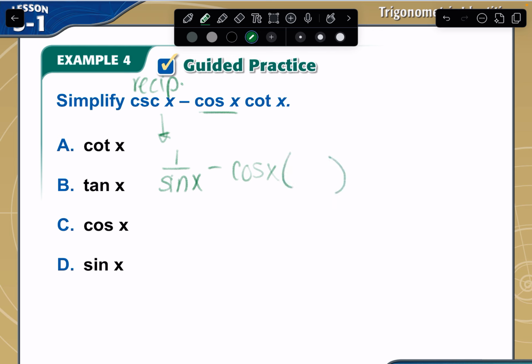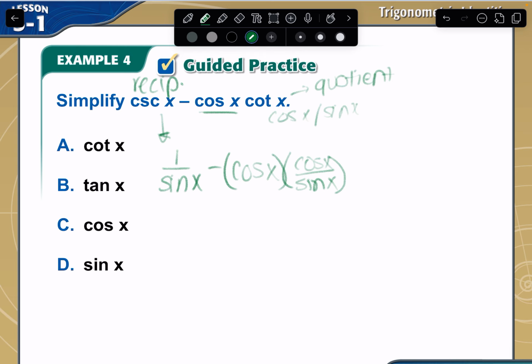Then the last thing that I have is cotangent. This is one of your quotient identities. Cotangent is cosine over sine. So I'm going to rewrite using only sine and cosine first.